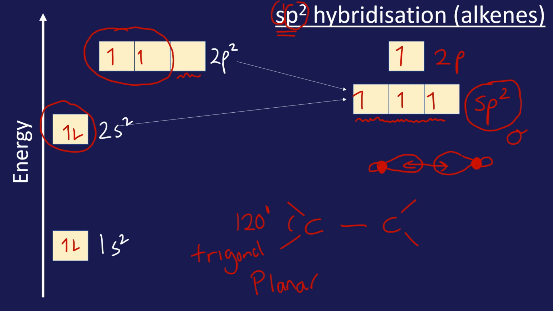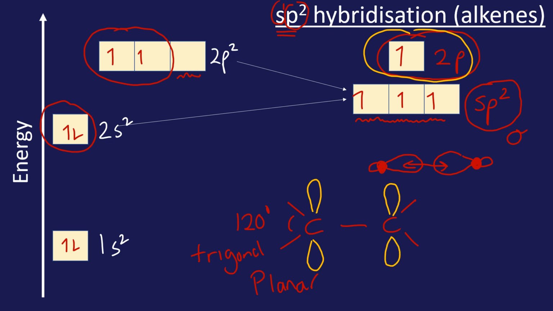So where's this pi bond then? Where's this pi bond coming from? And the pi bond comes from this p orbital. Now the p orbitals are dumbbell shaped, so we still have one p orbital on each of the carbons. So there's still a p orbital with an electron in. And what happens is these p orbitals actually overlap.